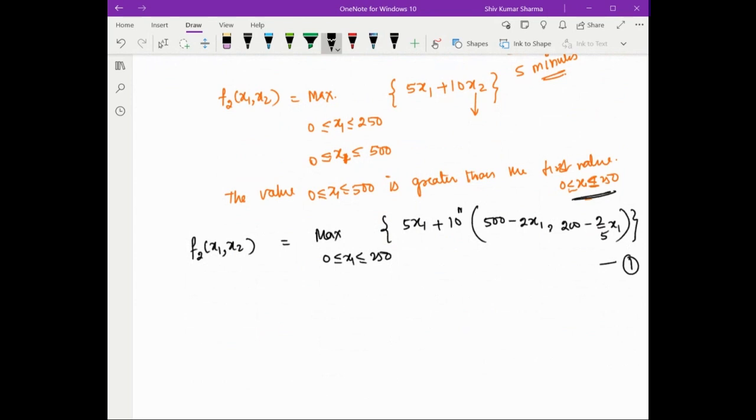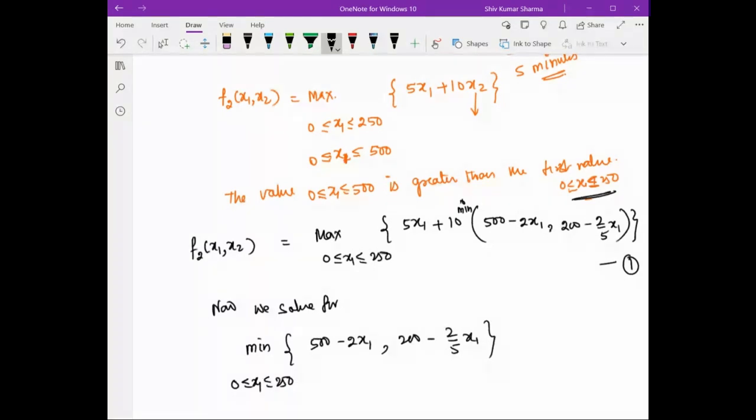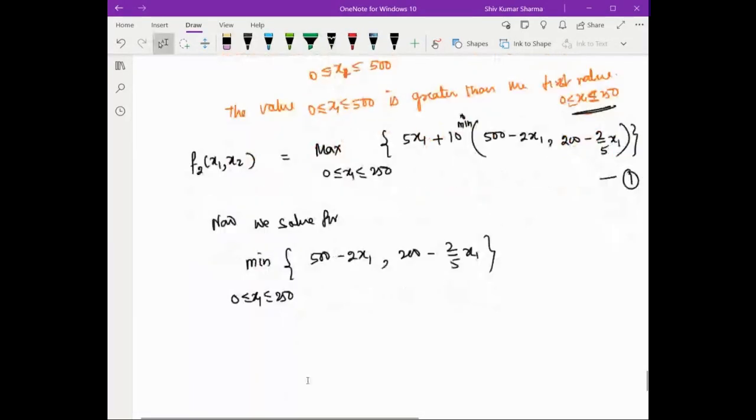Now here we write the minimum of 500 minus 2x1 and 200 minus 2 upon 5x1, where the value of x1 we consider as 250.